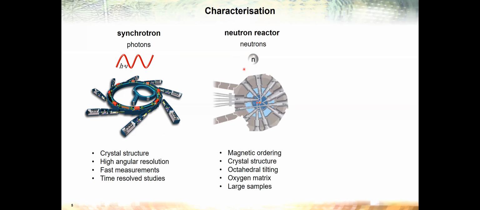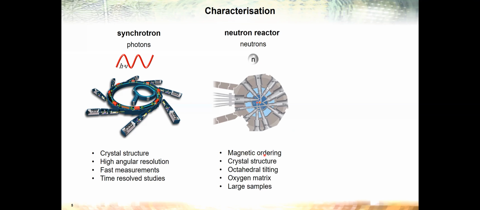We use photons, normally at synchrotrons, like Jacob described in a lot of detail last time in his talk. Here the advantage is that you have high angular resolution and you can do fast measurements, even time-resolved studies. Neutrons are also a good tool for characterizing the electroceramics.